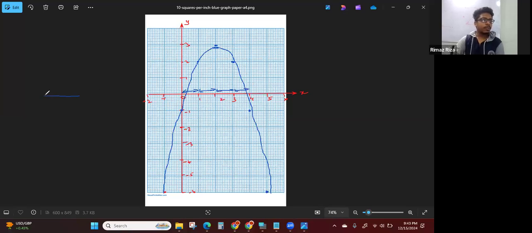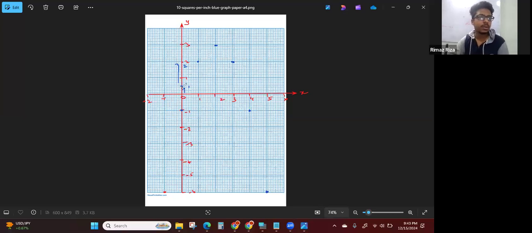Now, one main fault that students make is like this. They will do something like this: here 5 squares they mark 1, and then 10 squares, then 2, 10 squares, 3. This is mostly done by mistake by students.